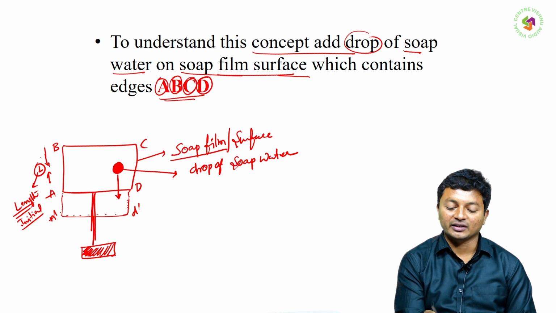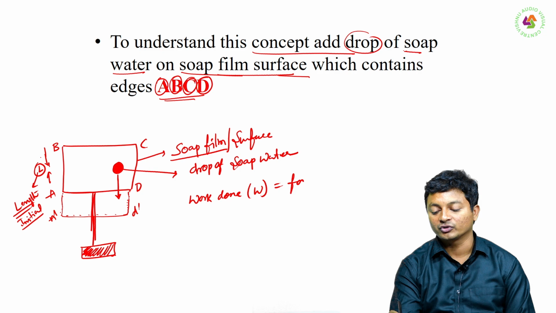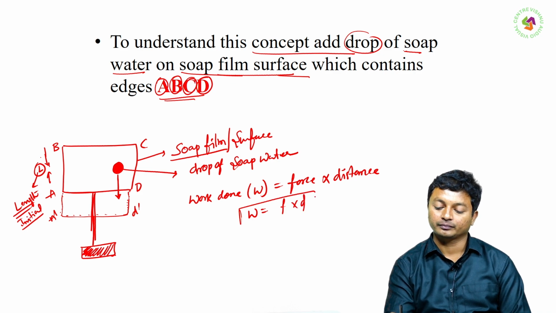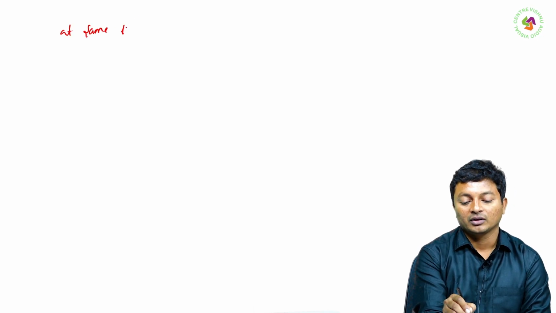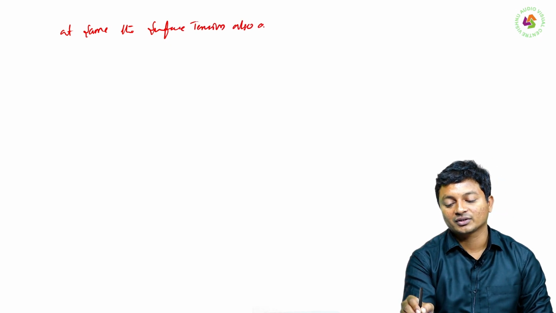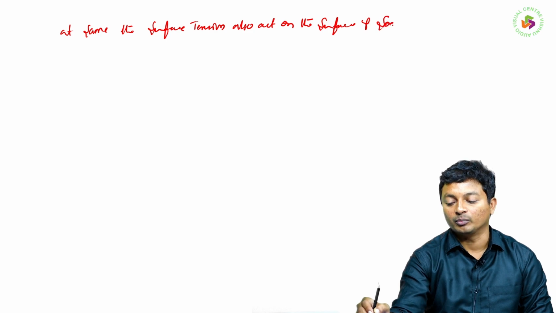As per this concept, work done can be written as force into distance. It will be written as W equals F into D. We are applying the hanging force, and at the same time, the surface tension also acts on the surface of the soap film.